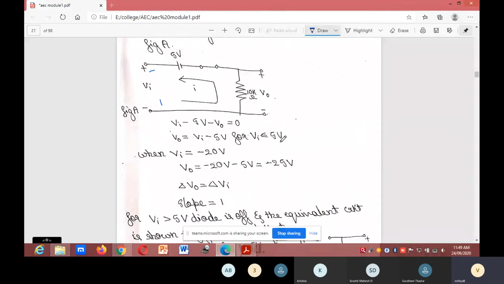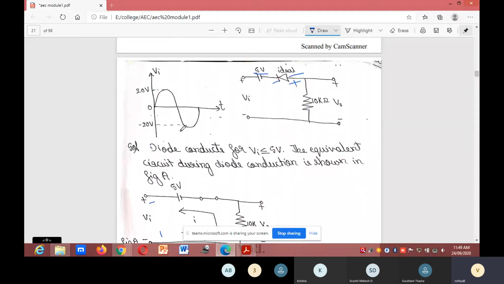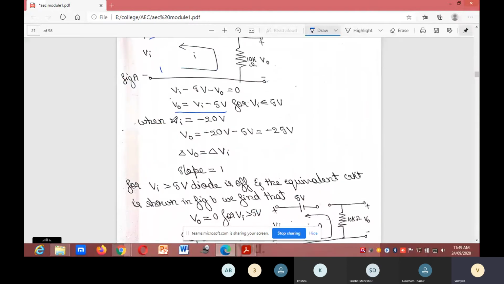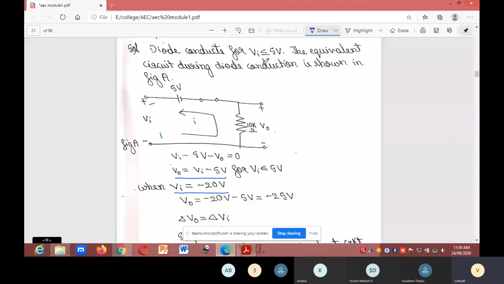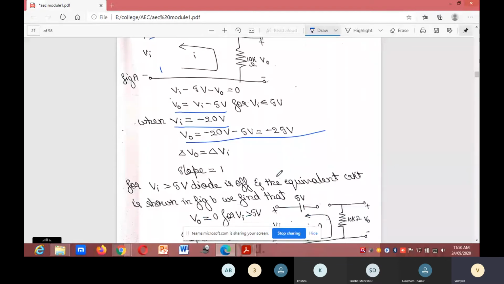When Vi is less than 5 volt, what output equation do we get? V naught is equal to Vi minus 5 volt. In the input waveform, Vi is equal to minus 20, because we are considering the negative off cycle. When Vi is equal to minus 20, the output is minus 25.